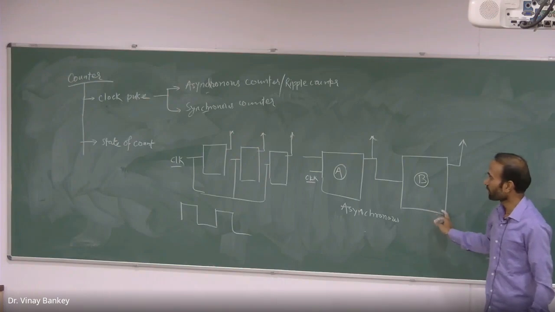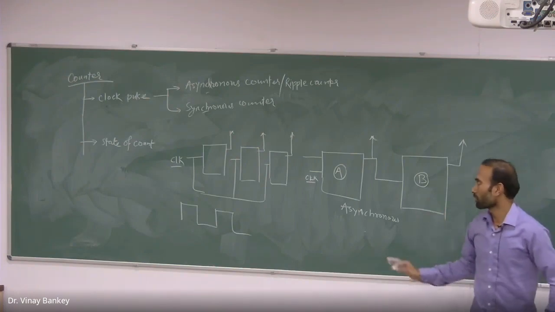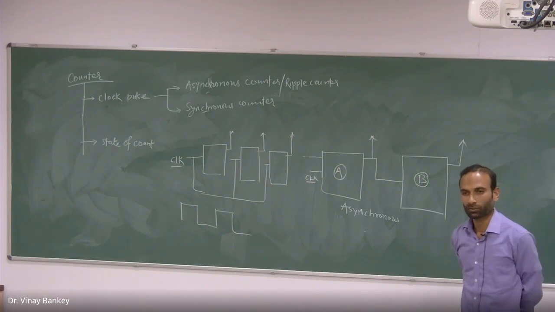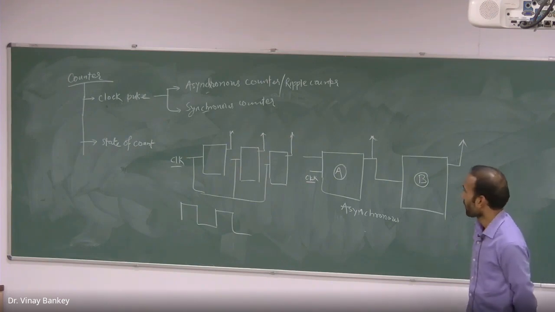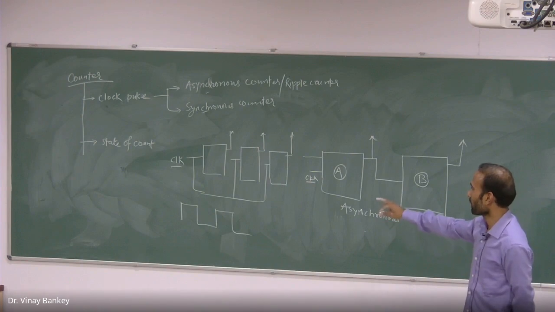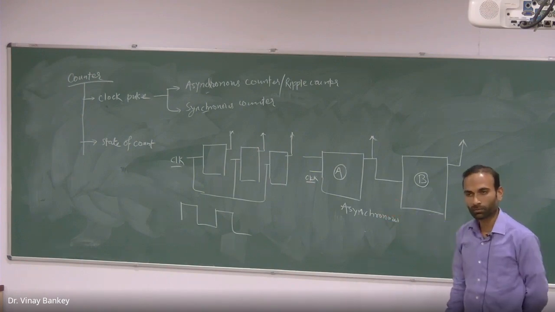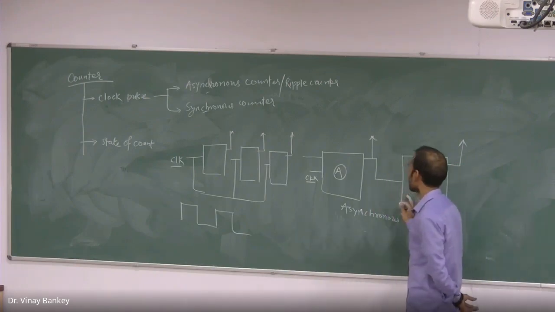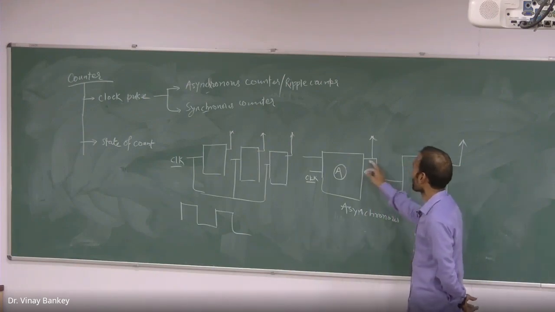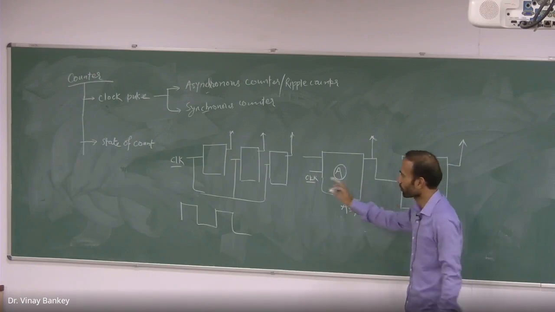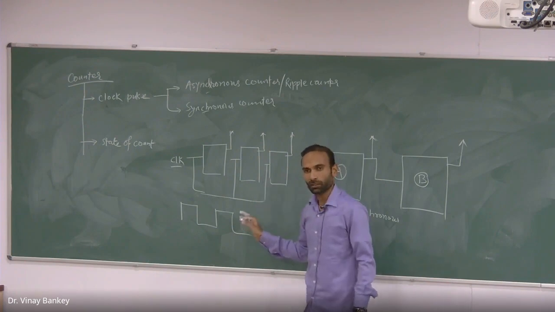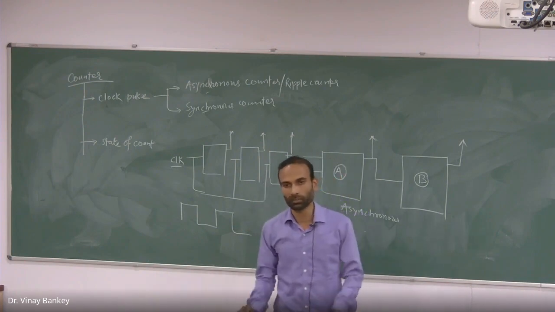In the question paper, they may ask you to write down the differences between the synchronous counter and the asynchronous counter. The first one is the method of applying the clock pulse to the flip-flops. In asynchronous counter, the clock pulse will be applied from the previous output. In the synchronous counter, we apply one clock pulse to all flip-flops simultaneously.